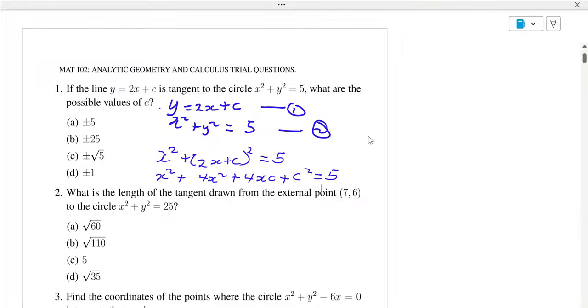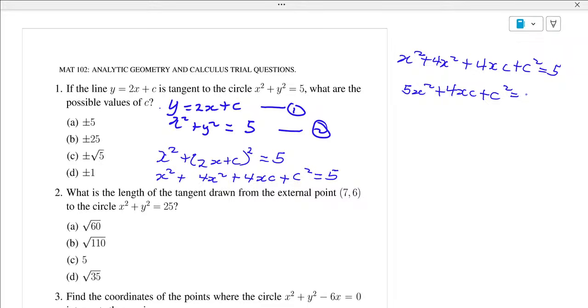So now we have x squared plus 4x squared plus 4xc plus c squared equal to 5. If I simplify it, I have 5x squared plus 4xc plus c squared equal to 5.